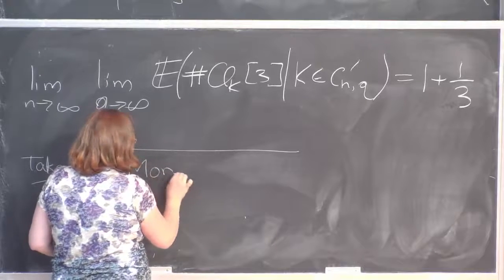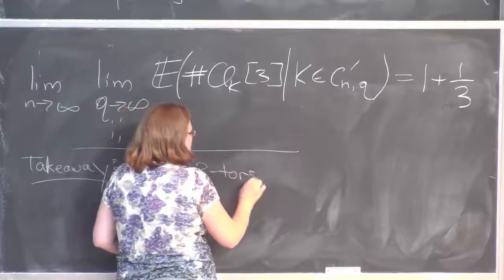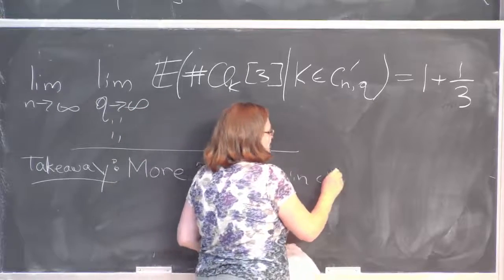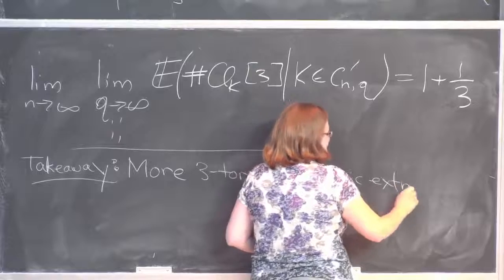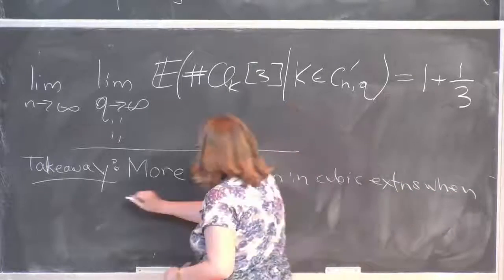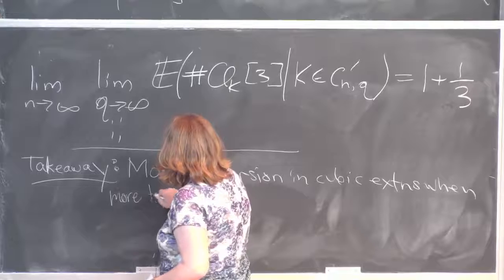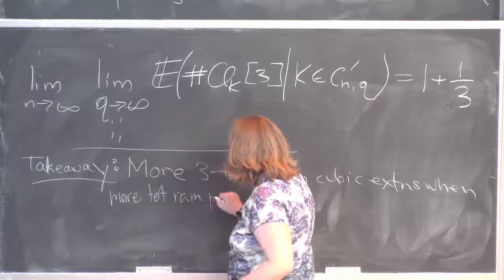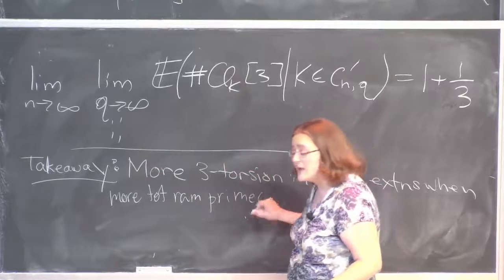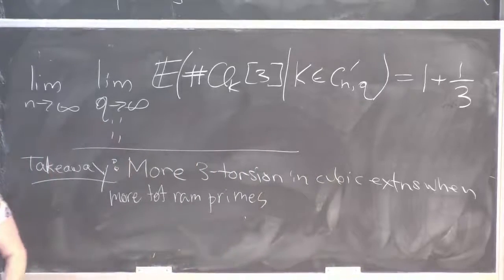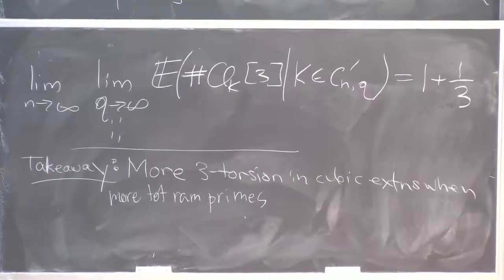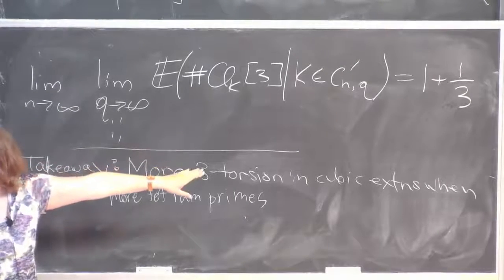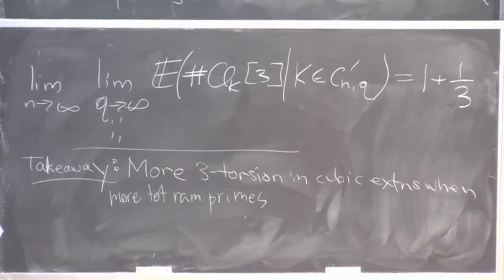But just the takeaway here: it seems that there's more 3-torsion in cubic extensions with more totally ramified primes. So in particular, looking at the behavior of the 3-part on square-free discriminant cubic extensions is not representative of what's going on, up to these constants.